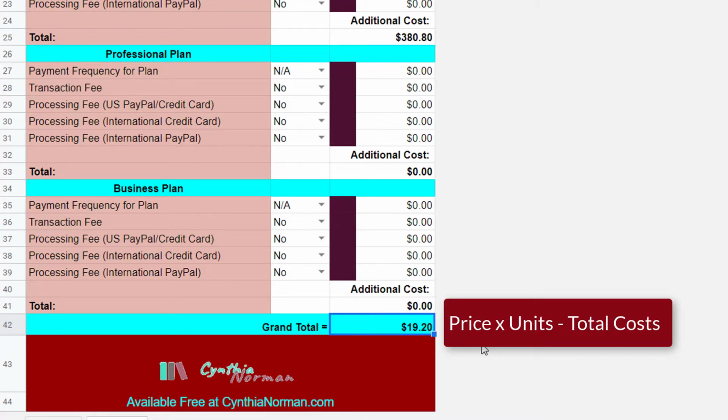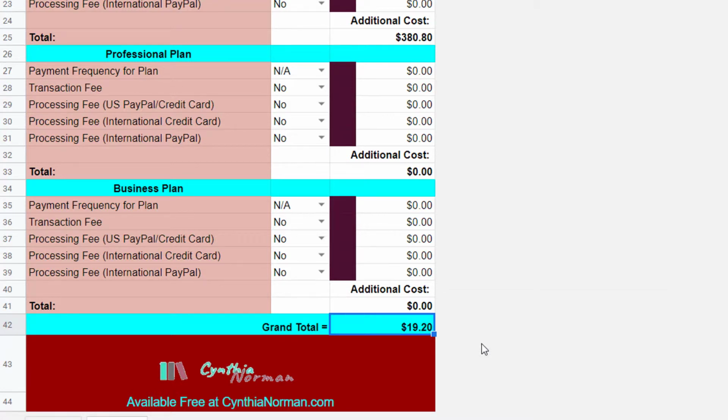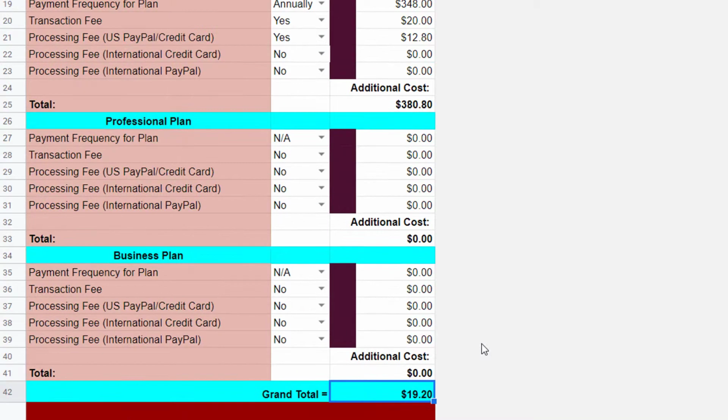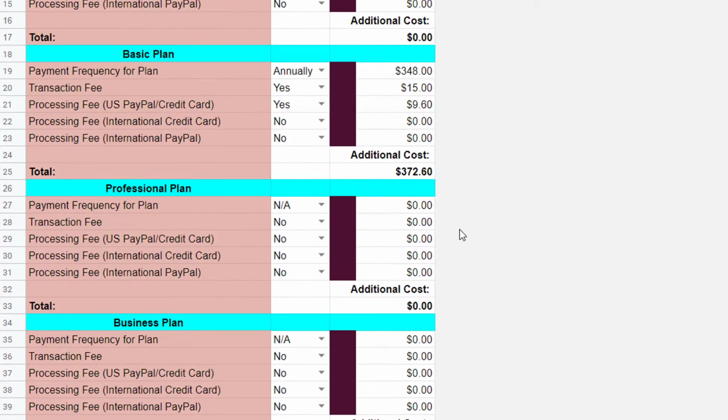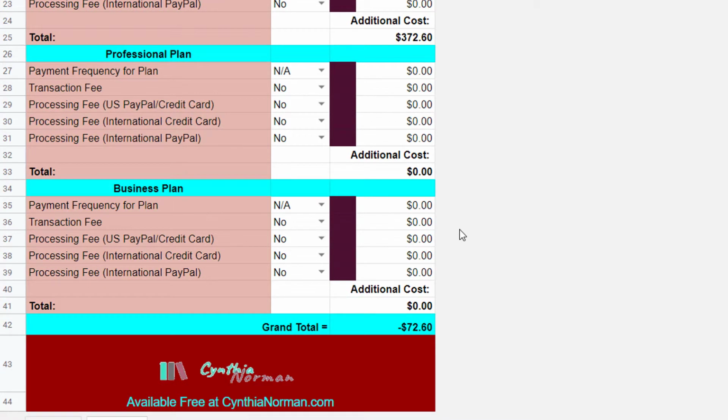So I thought, well, that's pretty good. So now I can use this calculator to play around with the price for the course and how many units I need to sell. If I go down to 3, there I'm definitely not making any money. That's not what we want, right?